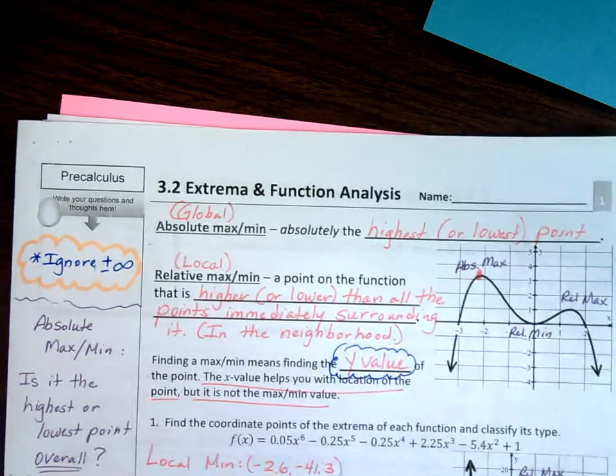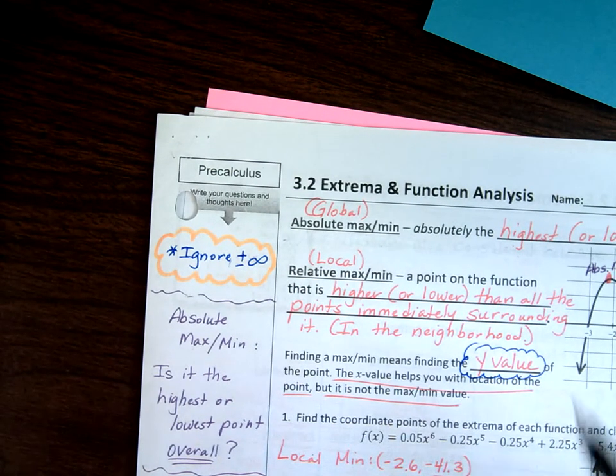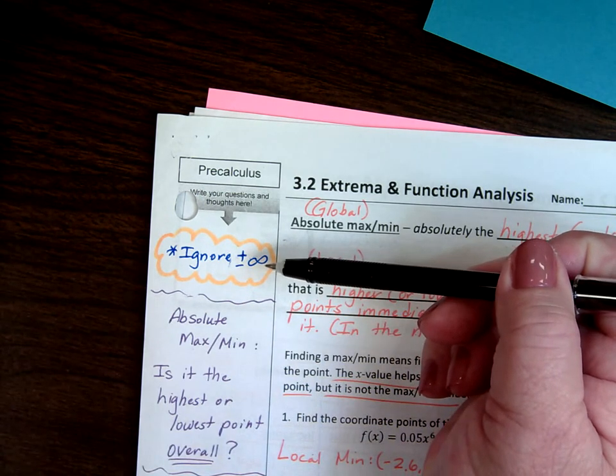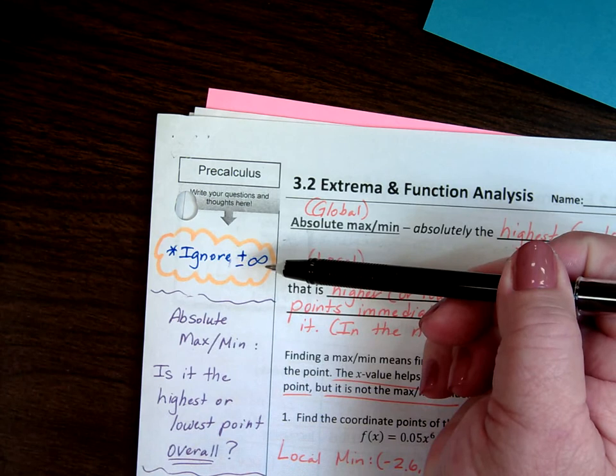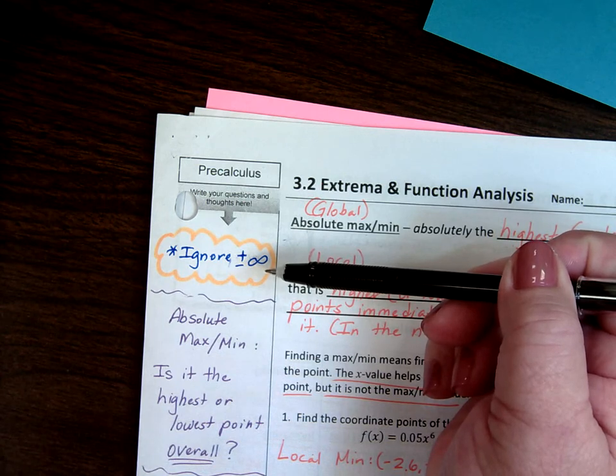All right, so here's some things that I put in my margin that you might want to add. Thing number one, and this can be a little confusing in this section, is you're pretty much ignoring when they go to infinity or negative infinity. That isn't part of the maximum minimum concept. Because if you're going towards infinity, you can't really tell me what that number is.